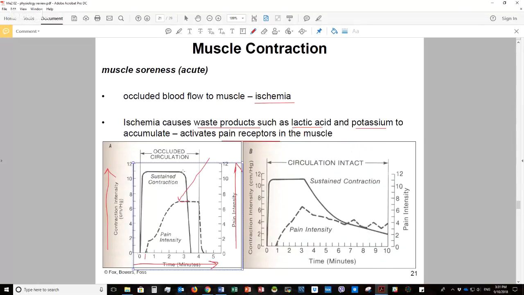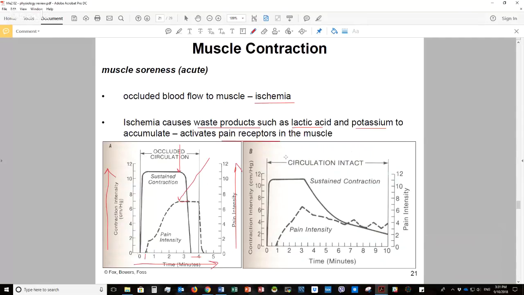That's the contraction still going, but then you let go, and it's going to take a while for that pain to subside. So you can see you have about 40-45 seconds where you're not contracting anymore, but you still have pain.